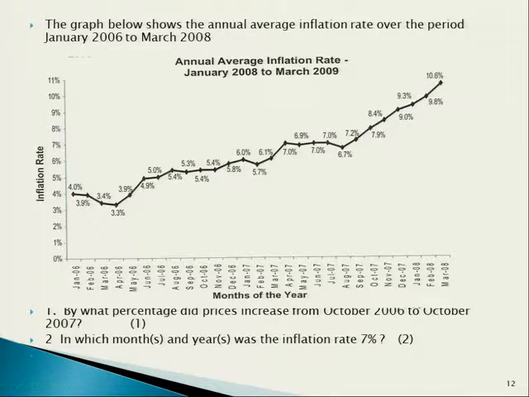Now here are different types of questions that could be asked. If I look at this graph, one possible question can also be, once again, what trend do you notice? Because this shows us how the inflation rate is just keeping on increasing and increasing.